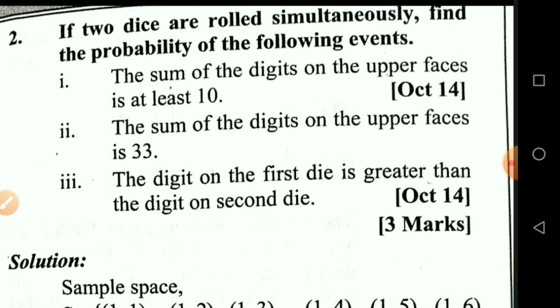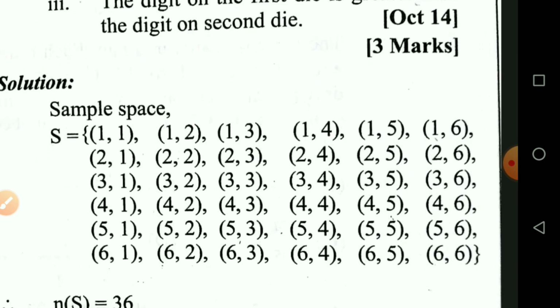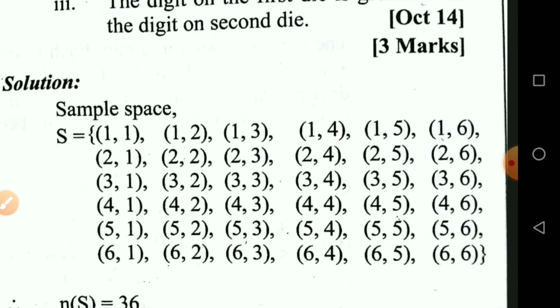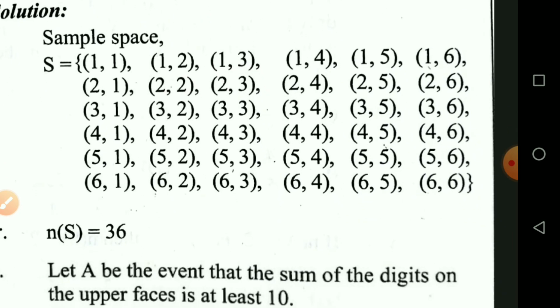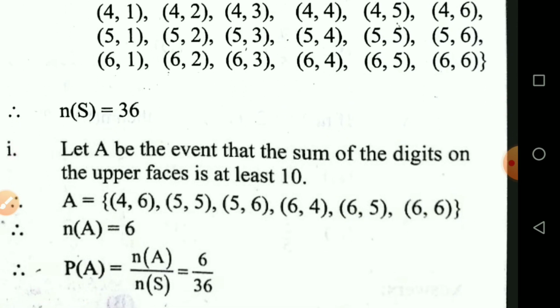The name of this random experiment is two dice are rolled, and the sample space S is equal to {write down all 36 sample points from (1,1) to (6,6)}. Number of S is equal to 36. Give letter A to the first event.